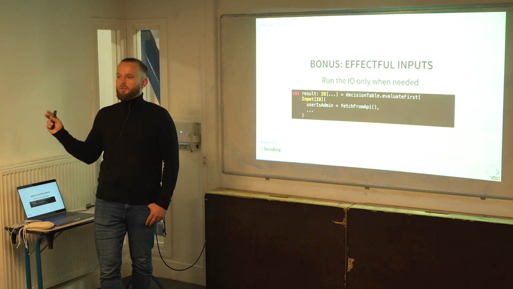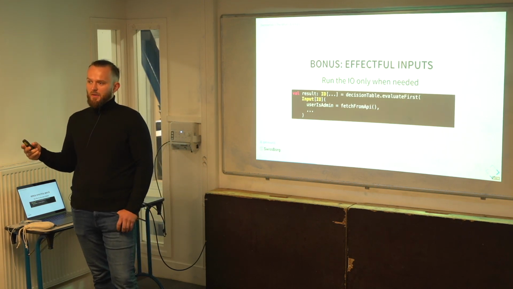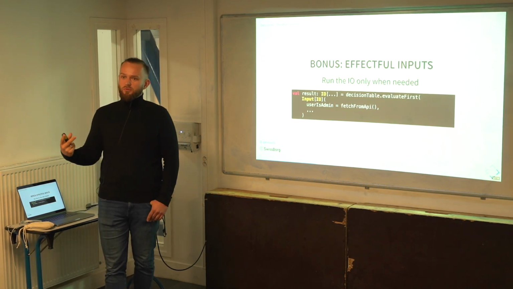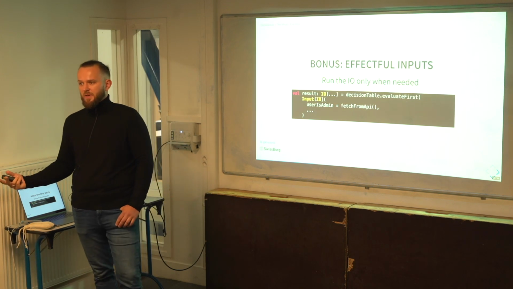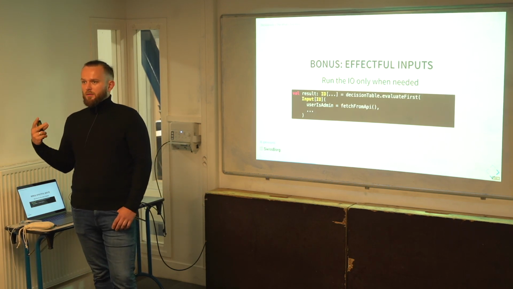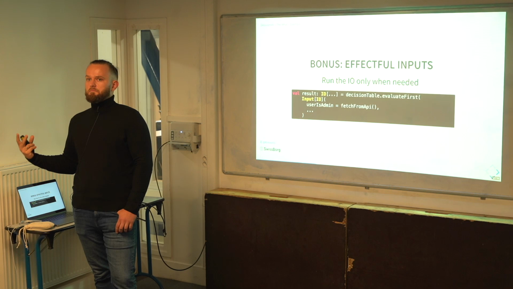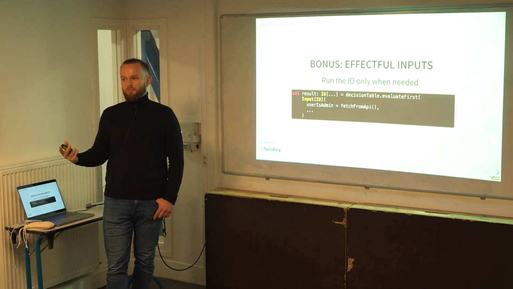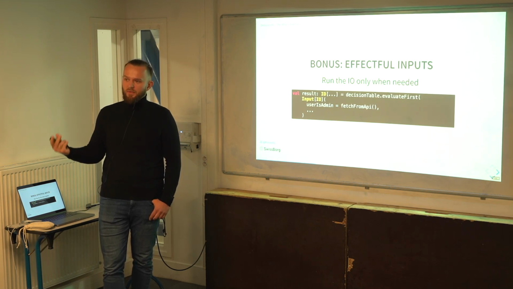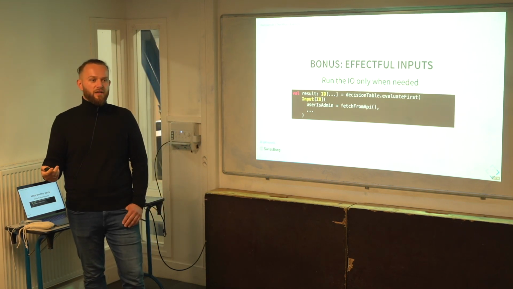So it won't be needed for the majority of cases. So you probably don't want to make that call. You don't want to fetch everything up front because you will be doing redundant calls, which might be expensive. And this is relatively complicated to implement. The more inputs you have, the trickier it gets.